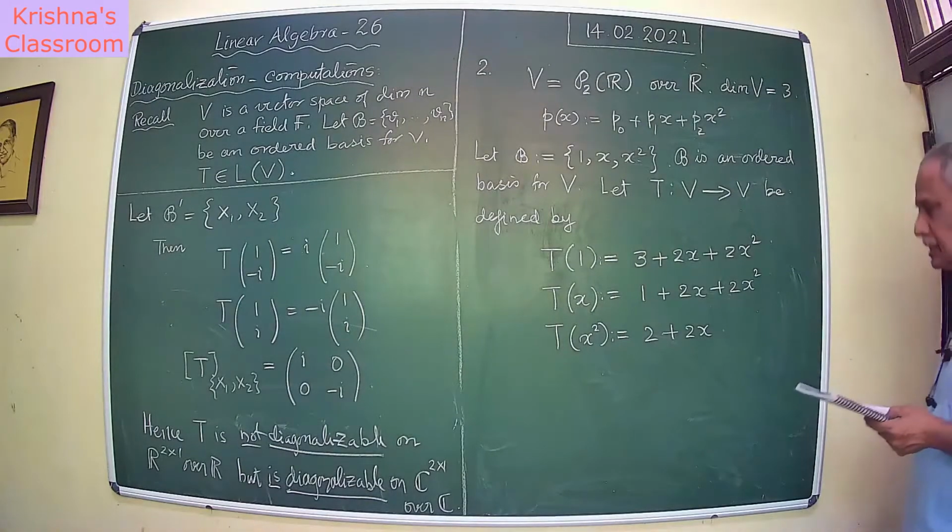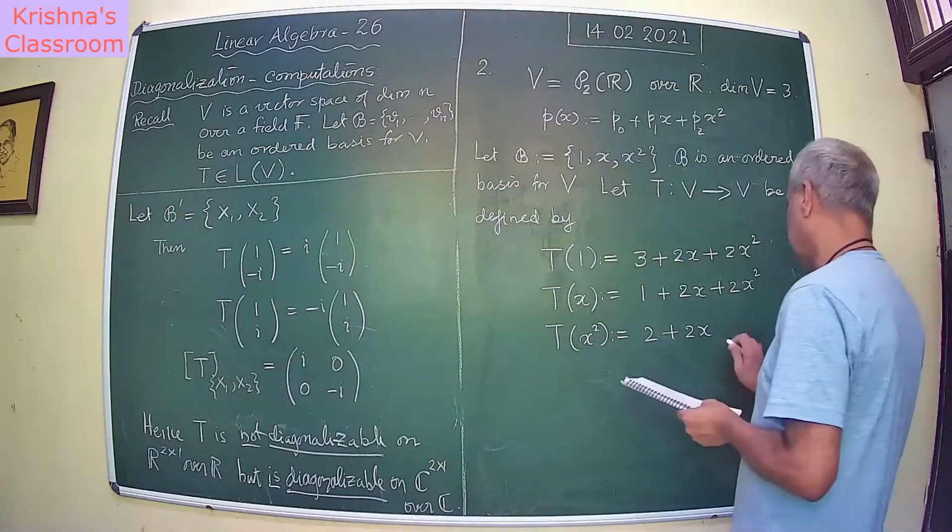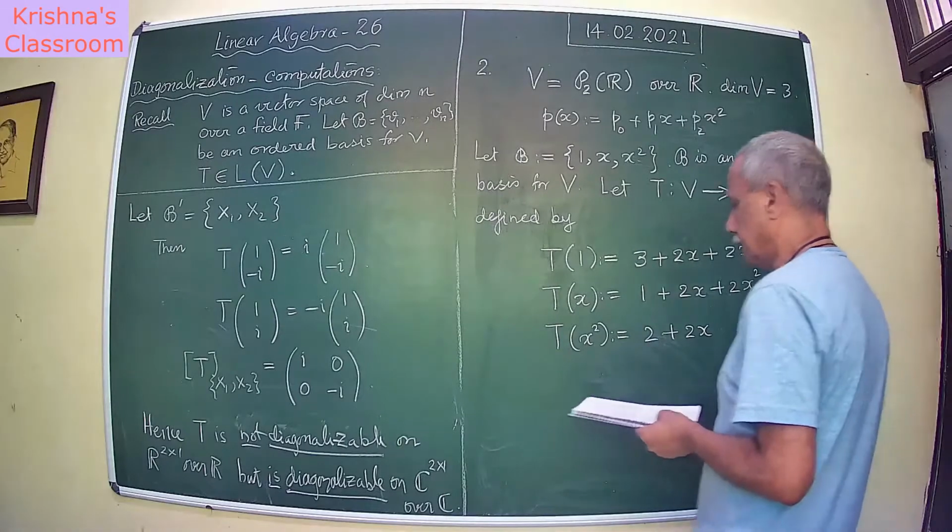If you want, you can put 0 x squared. Okay?